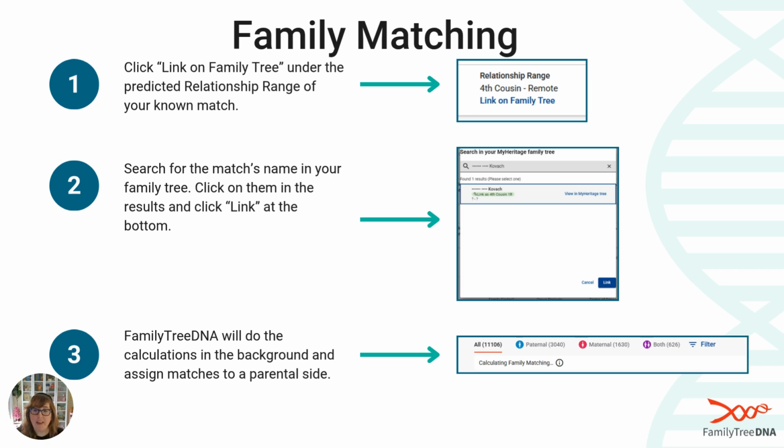So if you figure out an unknown match that's also descended from great-grandmother Beatrice on your maternal side, and you link them on your family tree, all the new matches that get assigned to your maternal side from that one link will also be descended from great-grandma Beatrice or one of her ancestors. The more matches you link, the more ancestral lines you'll have covered, and the more quickly you'll be able to identify the next unknown match, and the next, and the next, and the next.